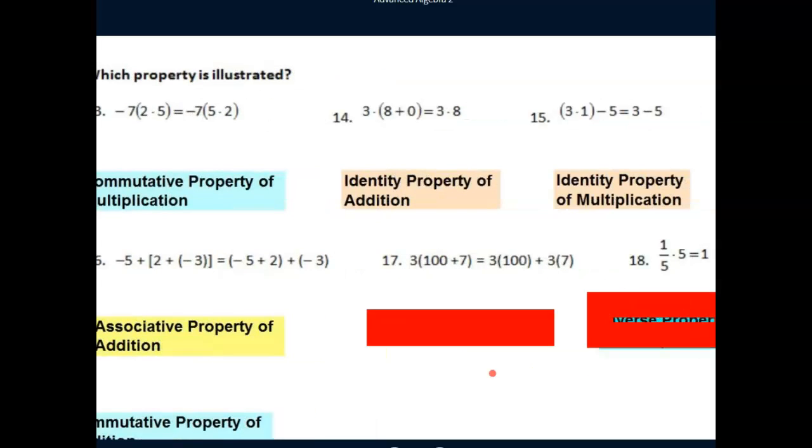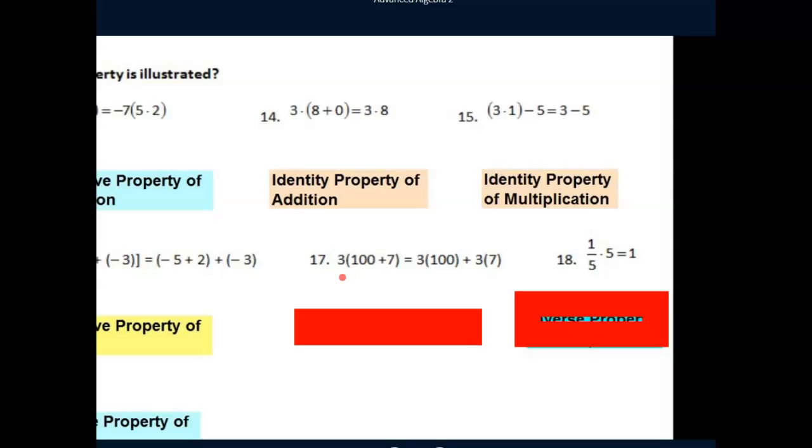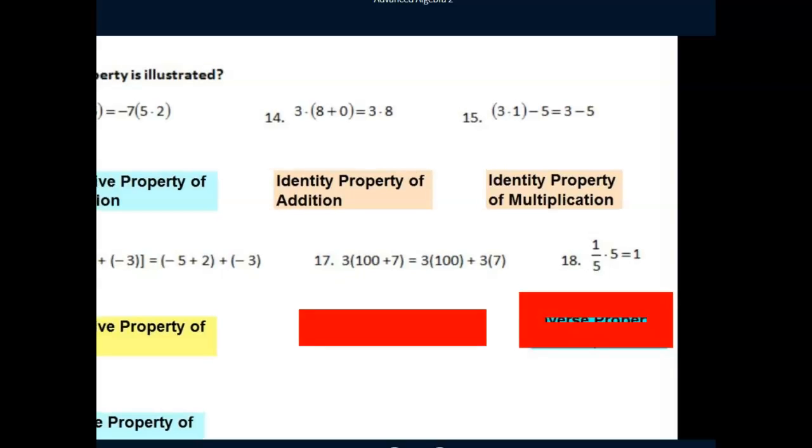In 17, what you notice is that the 3 is outside, and then the 3 is multiplied by both parts. So if it goes from outside to multiplying by both parts, that is the distributive property.